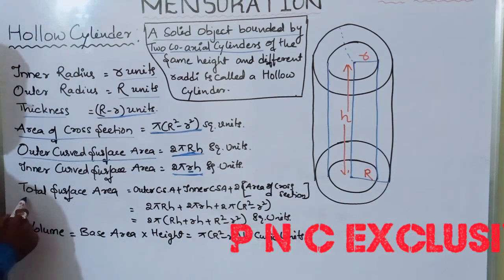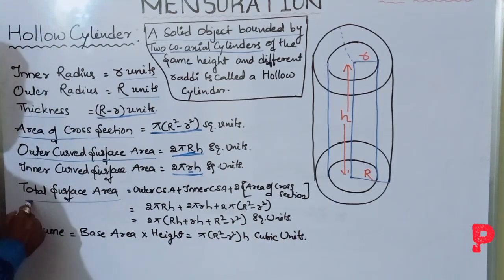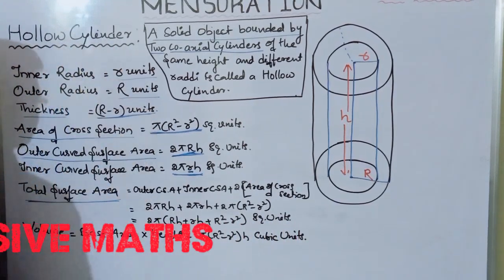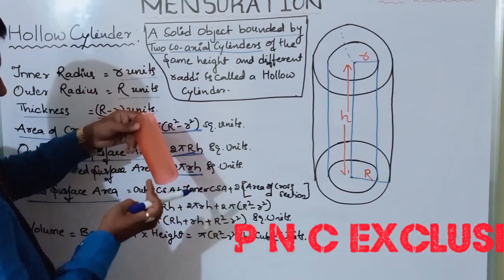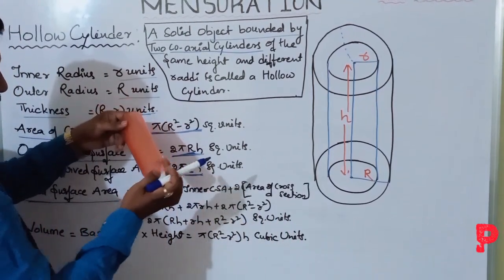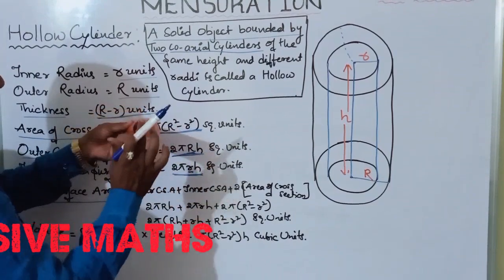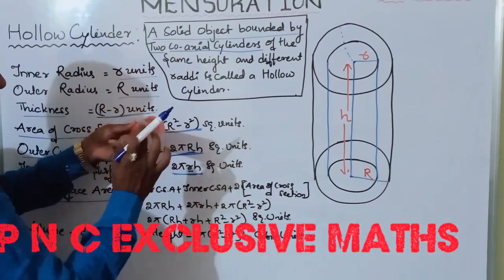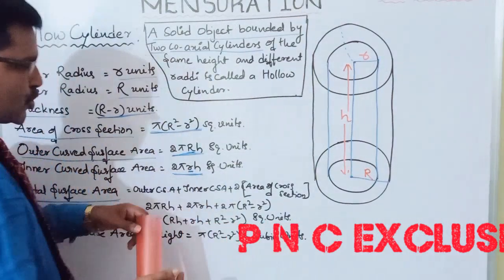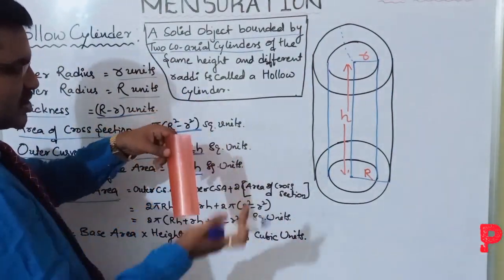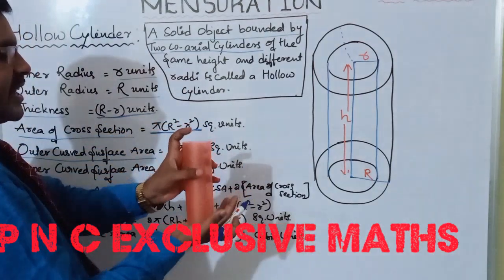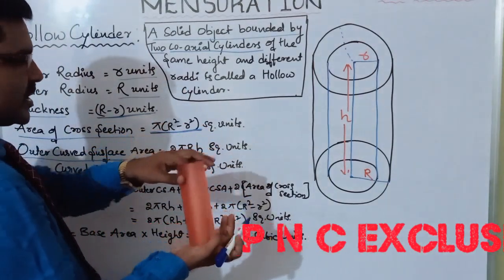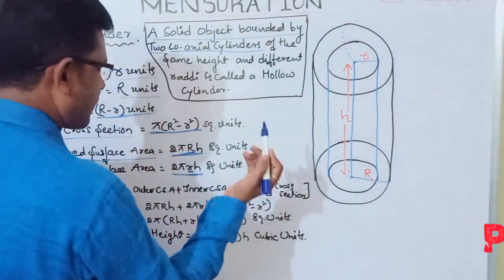So now the total surface area of a hollow cylinder: outer CSA plus inner CSA plus 2 into the area of cross section, that is, the area of the bottom cross section and the area of the top cross section.